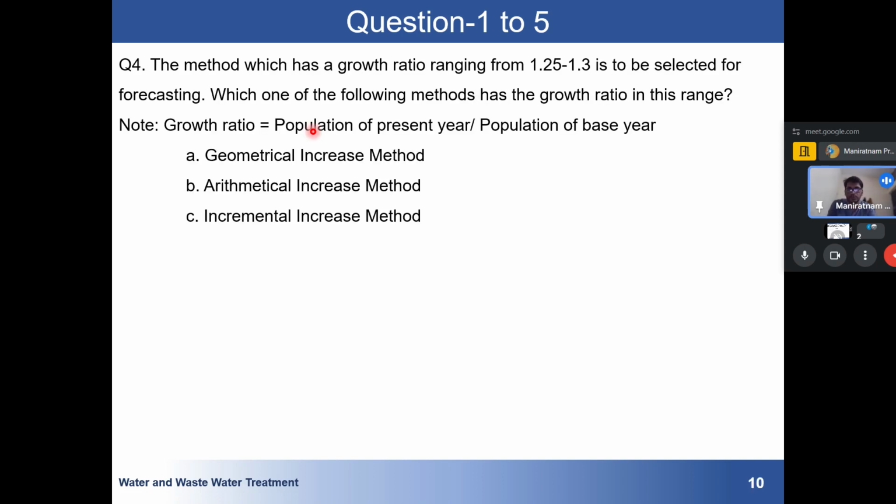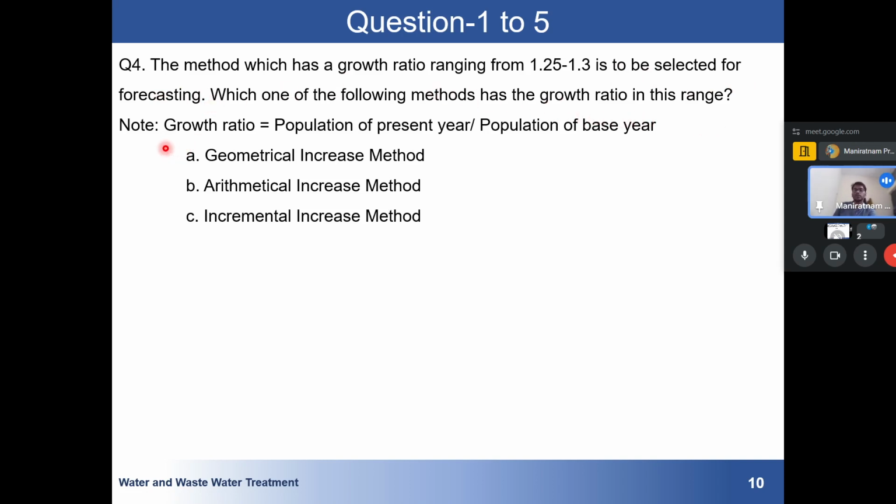So this was the third question. Now they have defined one term. The next question: the method which has a growth ratio ranging from 1.2 to 1.3 is to be selected for forecasting. Which of the following methods has the growth ratio in that range?